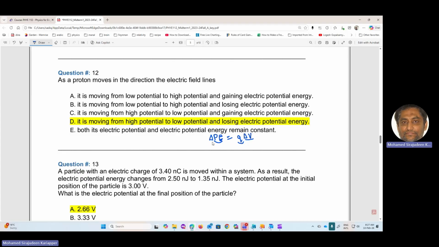That tells us potential energy will decrease. So that leaves, out of these two choices, D to be the correct choice, because D tells you potential is decreasing and potential energy is also decreasing. It loses potential energy, so it starts from a higher potential energy to a lower potential energy.